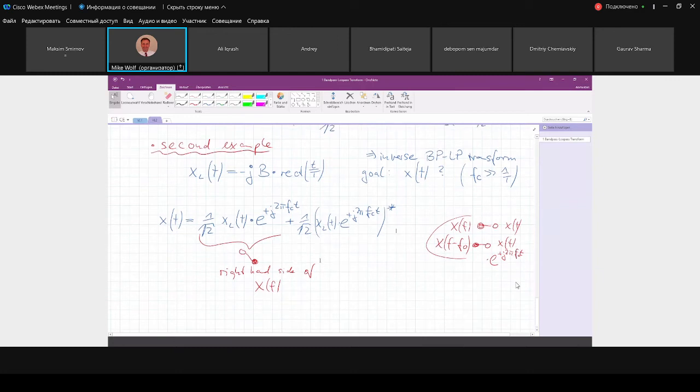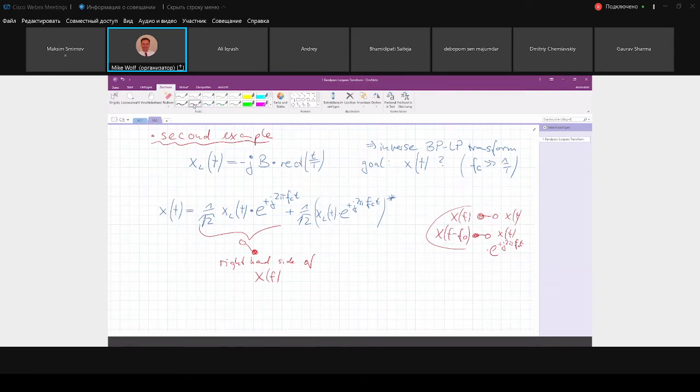If I do this, I have now an important equation which describes this inverse transform. This is x of t in the bandpass range. If I have a complex number and add the complex conjugate, I get 2 times the real part.